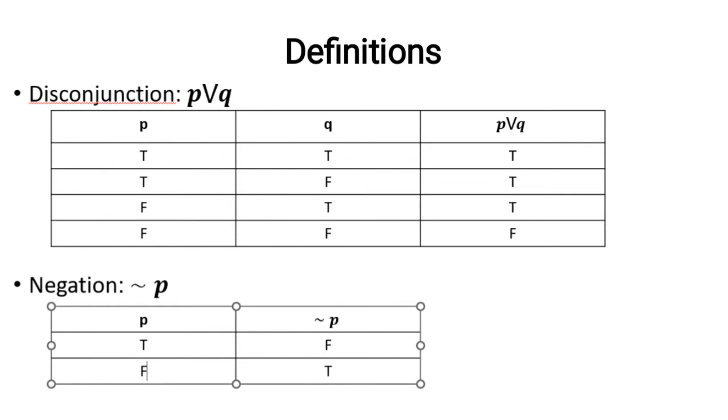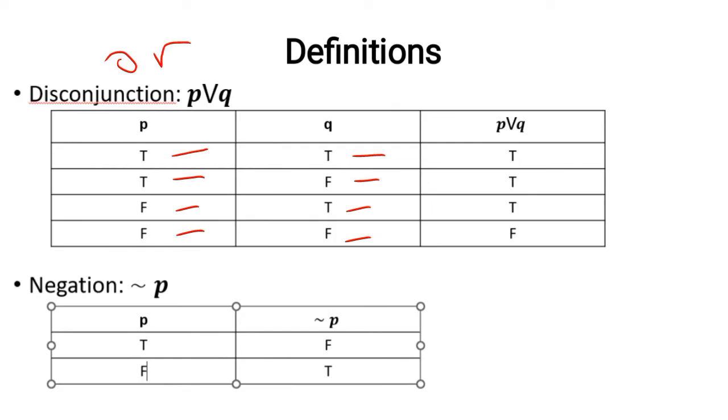The next thing you need to know is what we call the disjunction. For the disjunction, again, we have two statements, P and Q, and like I said before, under P it will always be T, T, F, F. Under Q it will be T, F, T, F. Another name for this disjunction is OR. Okay, OR.